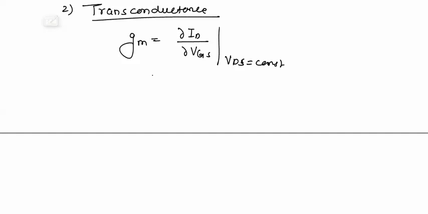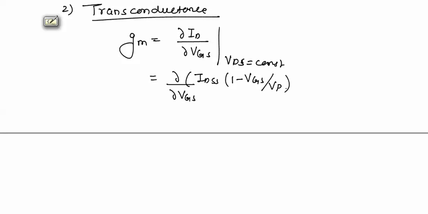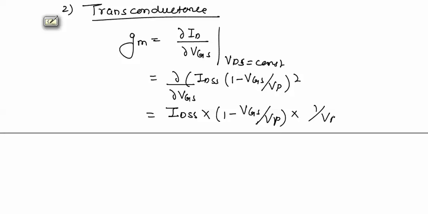We know the equation for drain current ID. It is IDSS into 1 minus VGS upon VP whole square. Differentiating this with respect to VGS, we get GM equal to IDSS into 1 minus VGS upon VP into 1 upon VP minus 1 upon VP.